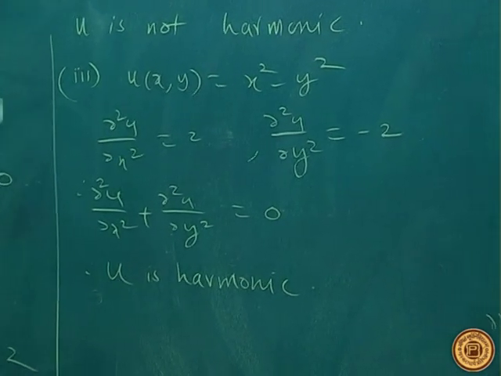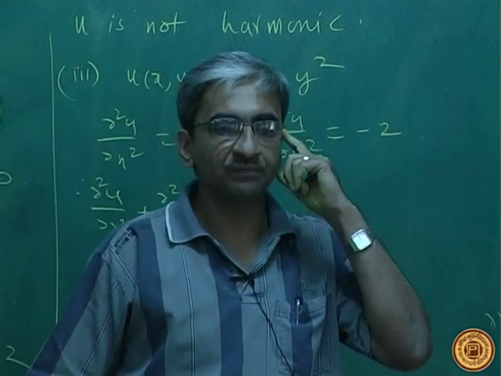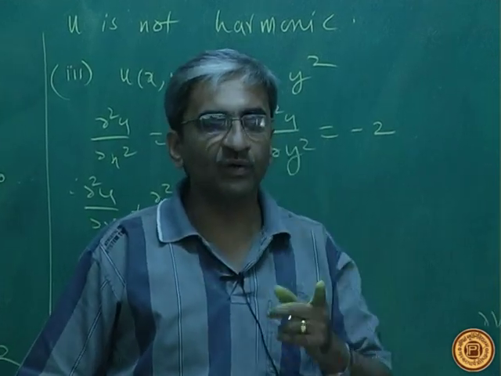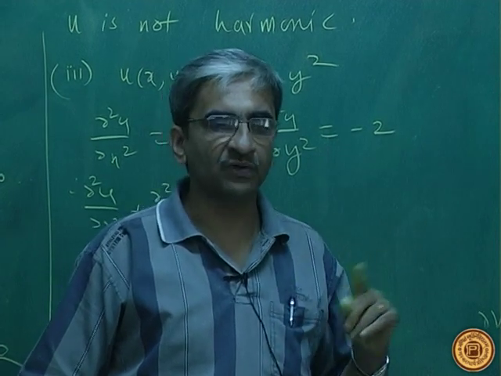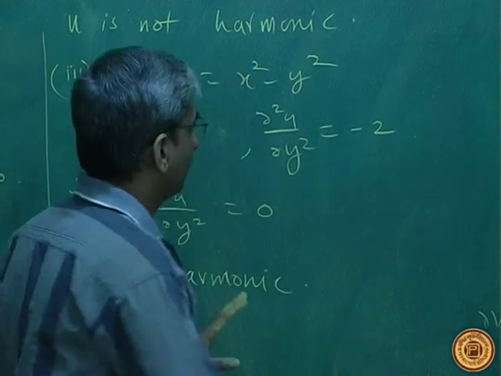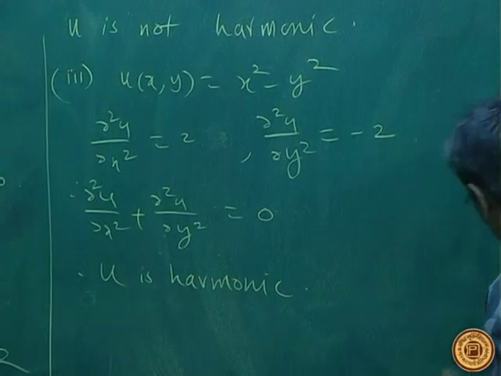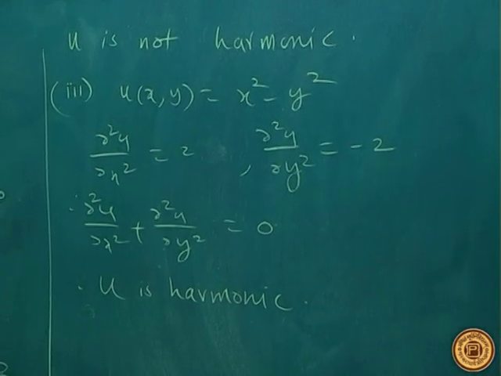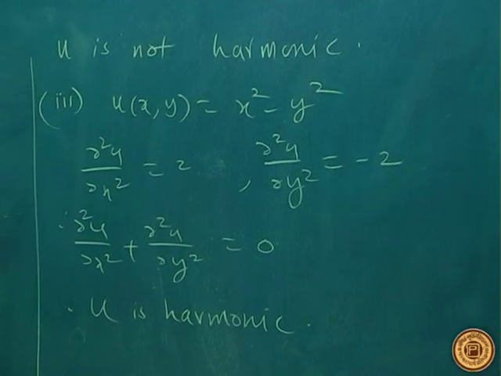Now, as a consequence of the Cauchy-Riemann equations, we want to observe that the real and imaginary parts of an analytic function are harmonic. Okay. So, if we have a complex function and suppose it is analytic, then from that we get a pair of harmonic functions.